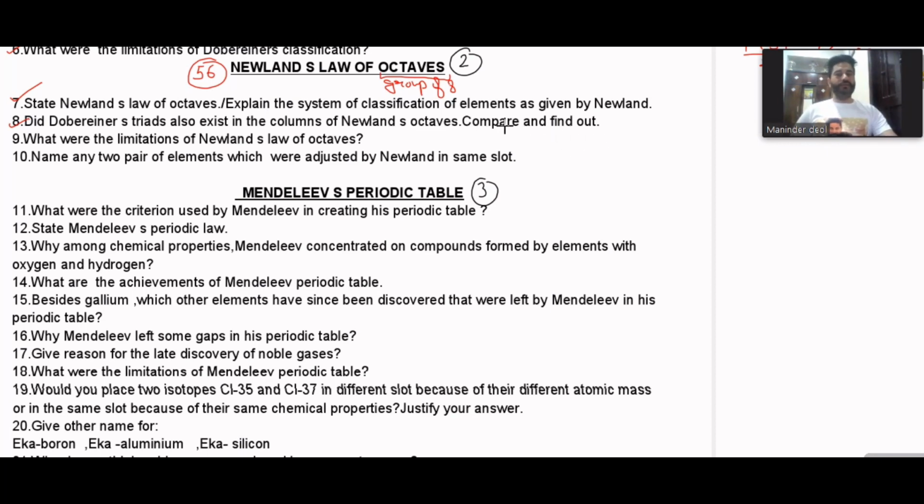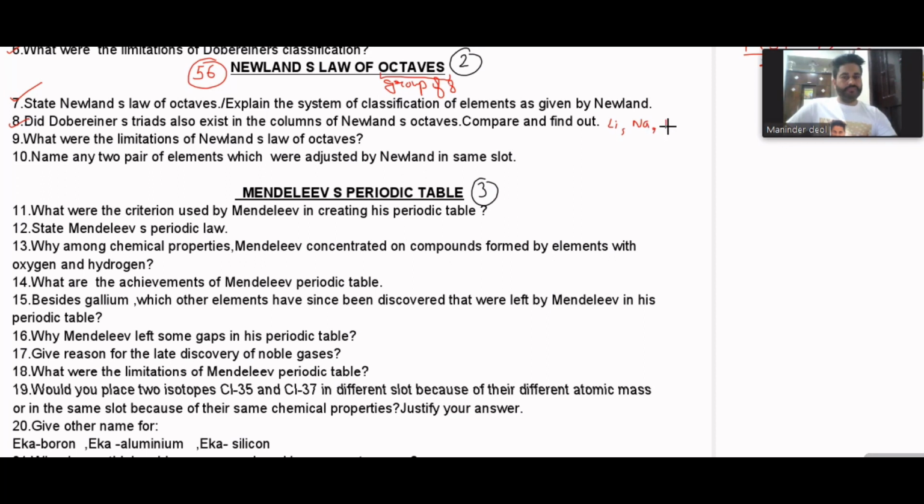Compare and find out. We do not have the Newlands' law of octaves table here, but still we can take one example. Take the example of lithium, sodium and potassium, which was one triad.